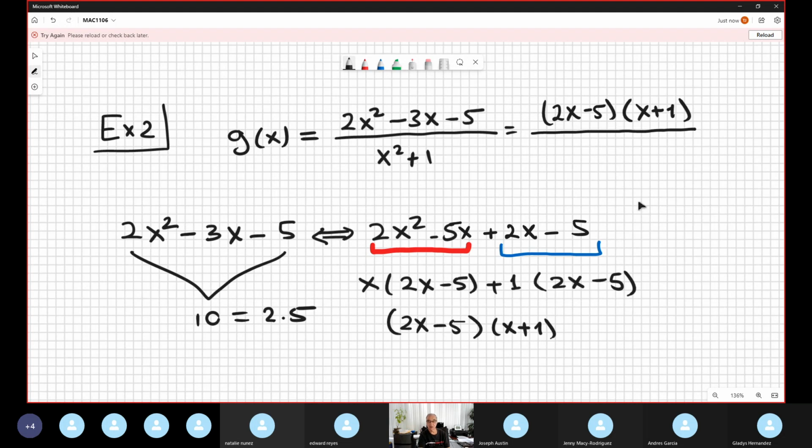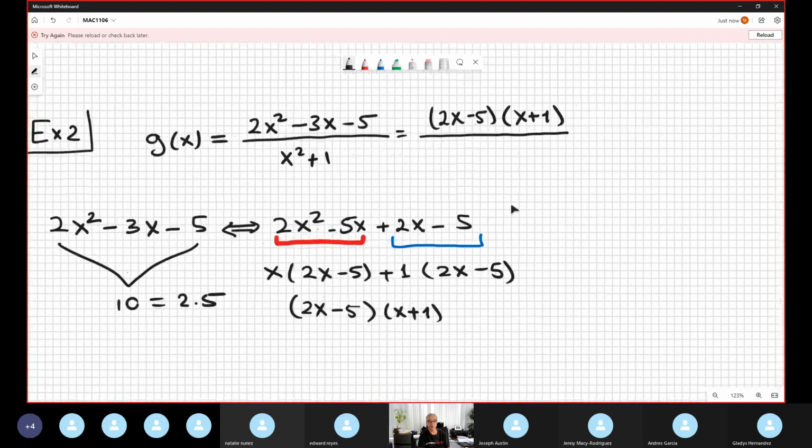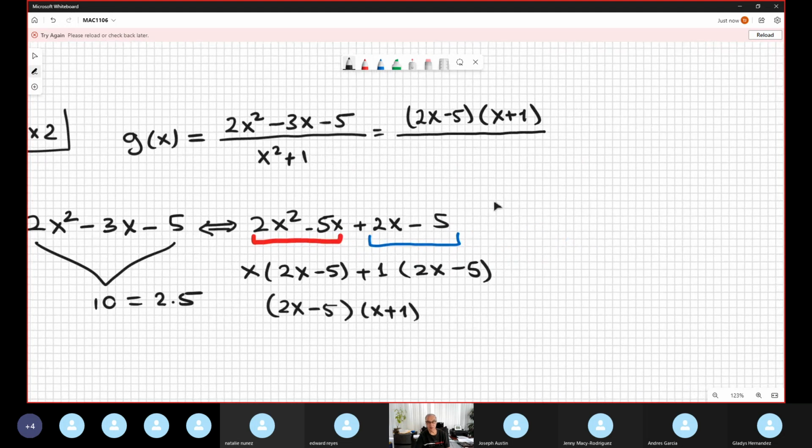Okay, now unfortunately, the polynomial in the bottom is prime. I don't know if you remember very well the sum of squares is prime, and the reason is clear because the solution of this quadratic equation is complex or imaginary, right? So in the real field, we cannot factor this expression.